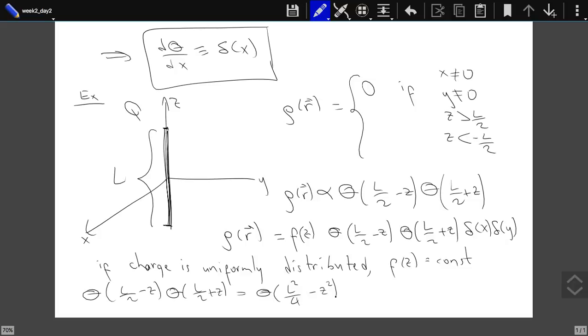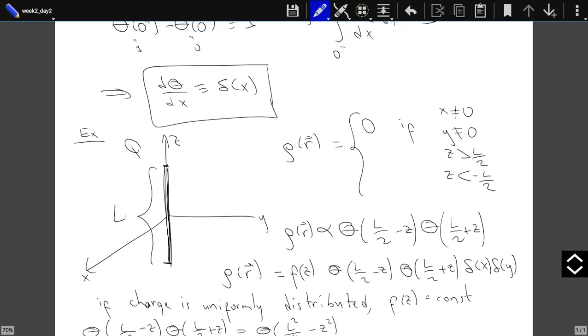For example, in a given question, you might be told that the charge density increases linearly as you go away from the center of the rod. That's also possible. That would just tell me that this f of z is not a constant, but a linear function of z. It will depend on the problem that you are studying.